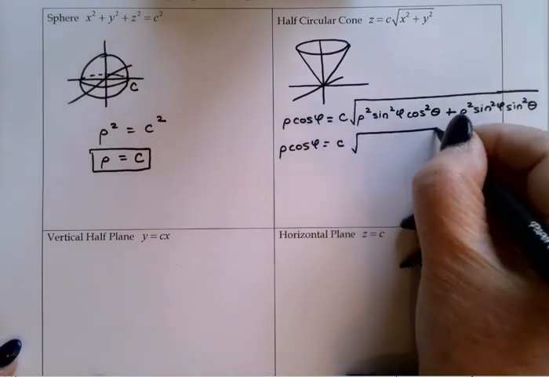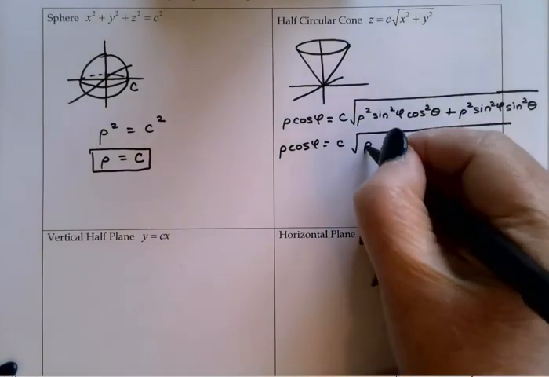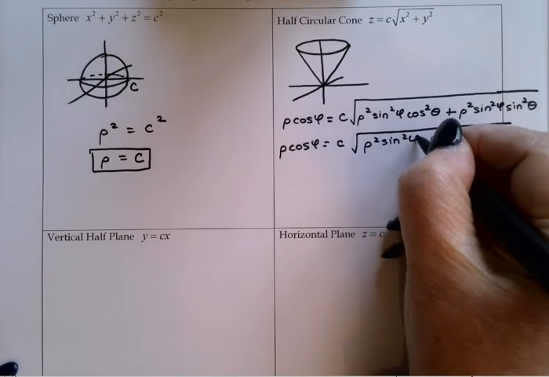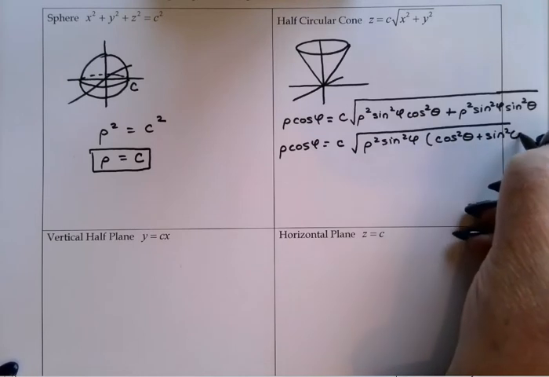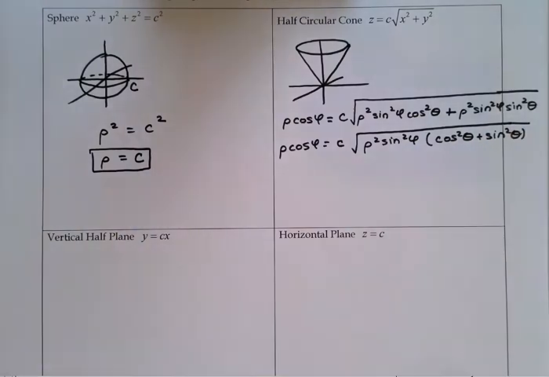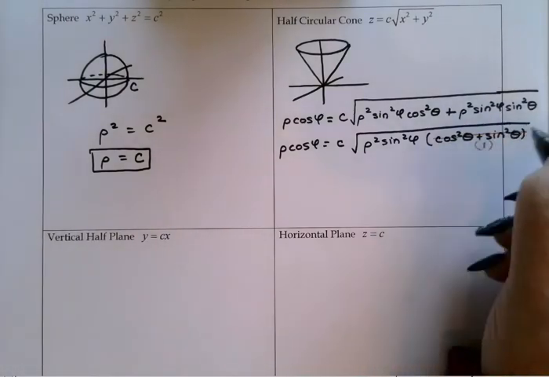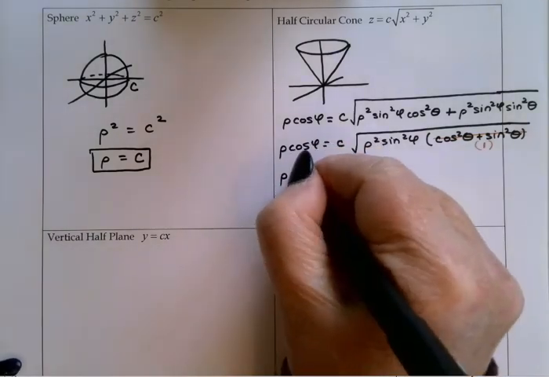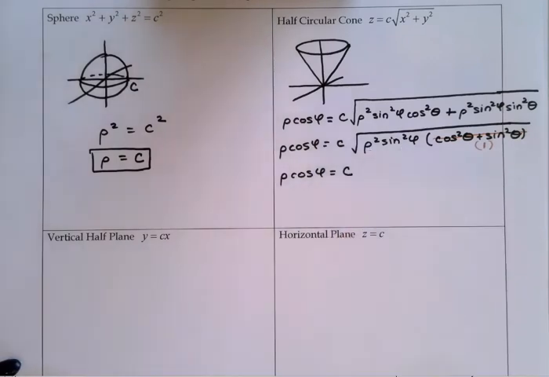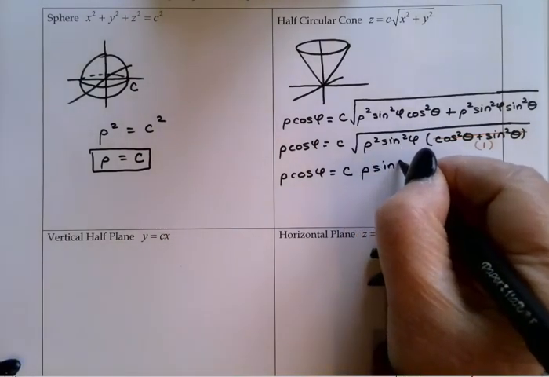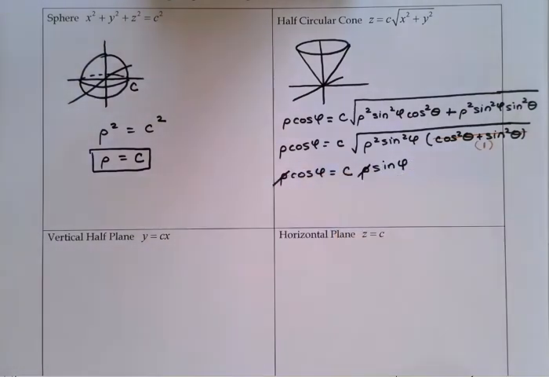All right, under that radical, I can actually factor out the rho squared sine squared phi, which would leave cosine squared theta plus sine squared theta, which is really nice to see since that's just one. So this is going to simplify beautifully. The square root of rho squared sine squared phi is just rho sine phi. I can divide the rho out of both sides.